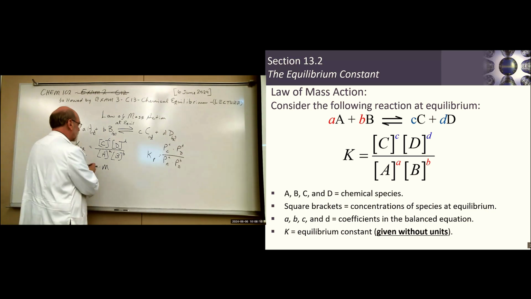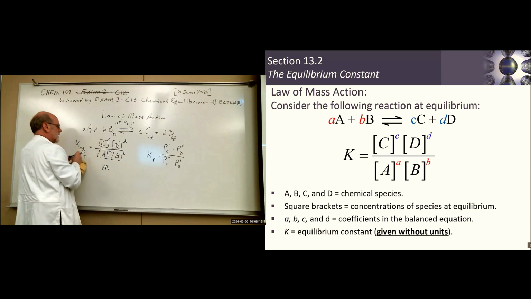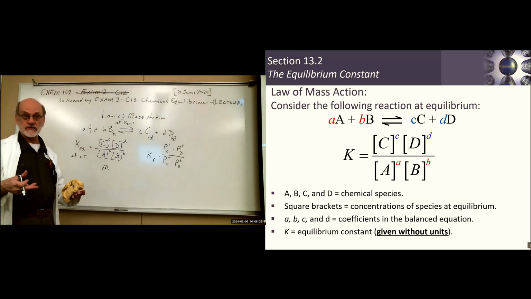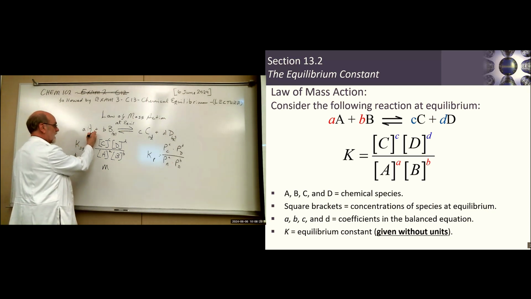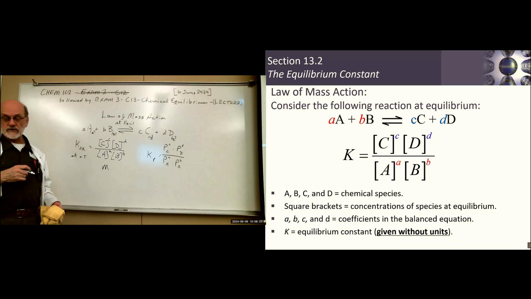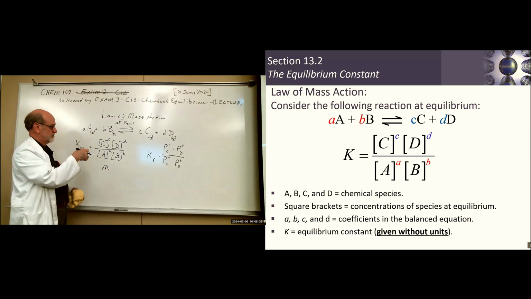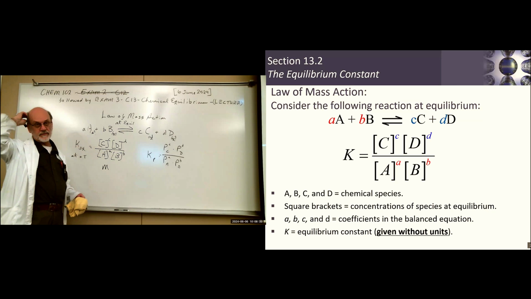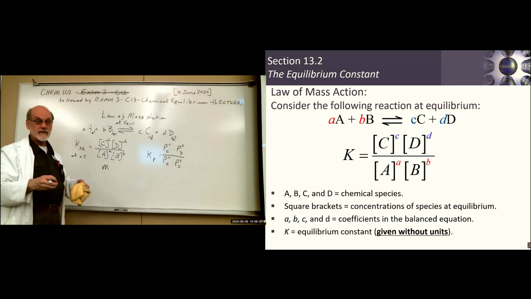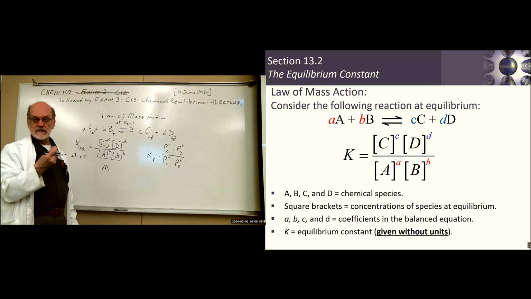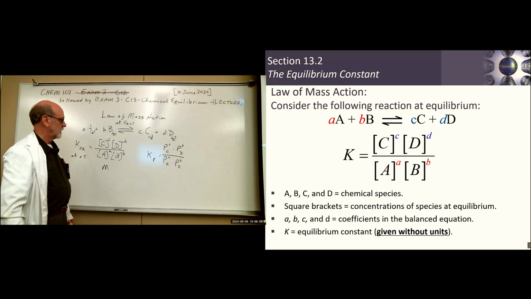But if any one of these is in a phase that does not change concentration, like a solid will not change concentration. It'll just be used up, and part of it will be used up, depending on the conditions, maybe all of it will be used up. But its concentration doesn't change. I mean, it's just a solid.